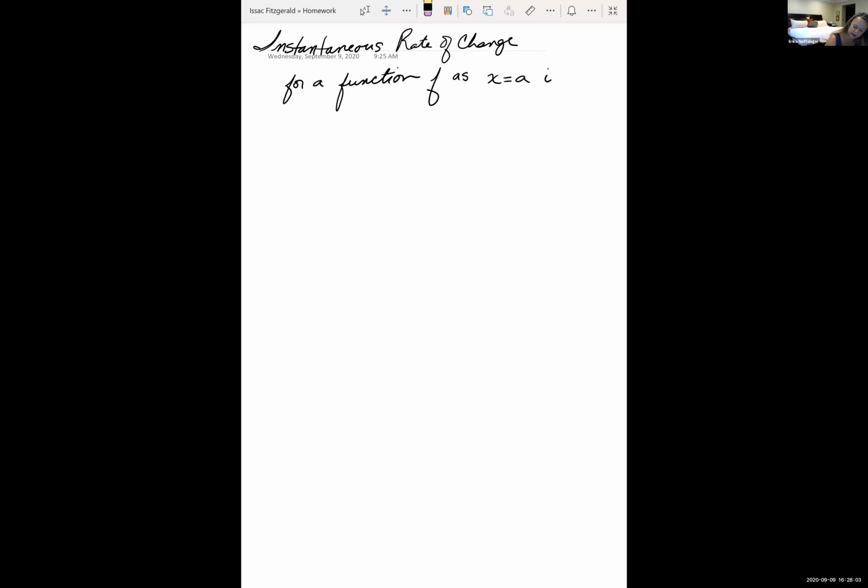It is the following. So we're going to look at the limit as h approaches 0 of f of a plus h minus f of a, all over h.